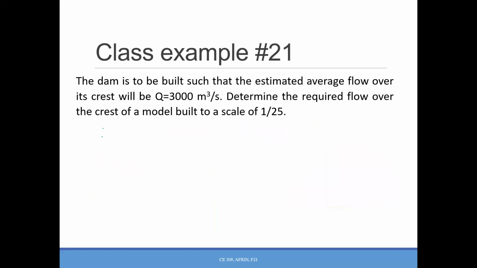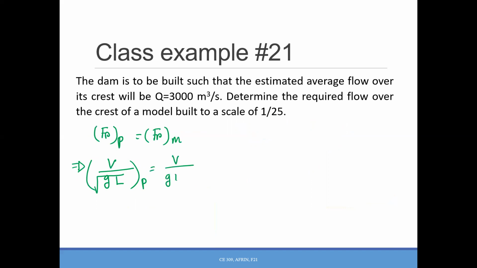So we need to set it this way: Froude number for prototype equals Froude number for model. Now, the Froude number expression is V over root of G L. You can get that from the slide where I put all the dimensionless number expressions.